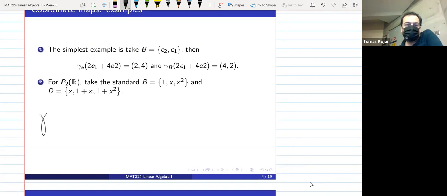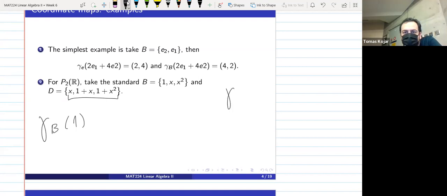Yeah, so I want to find gamma B. So it means I take gamma B of 1 and I have to map it as a linear combination of, so this is not really coordinate map. I don't know why I call it like this. Oh, no, I see what I'm doing. So I want to take gamma B of 1 and send it to the standard basis.